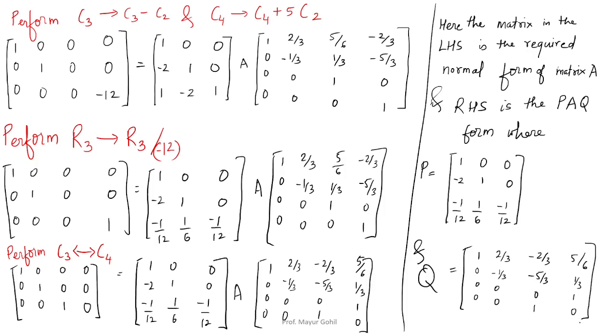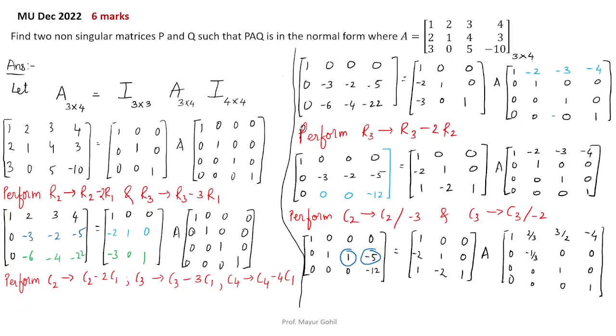This is Q. So once you are done, this is how you get your full 8 marks or 6 marks, whatever marks are allocated. So this was for 6 marks.